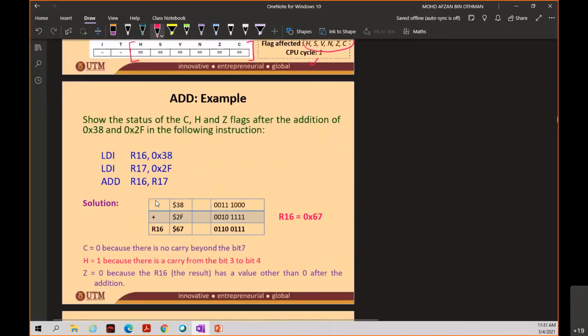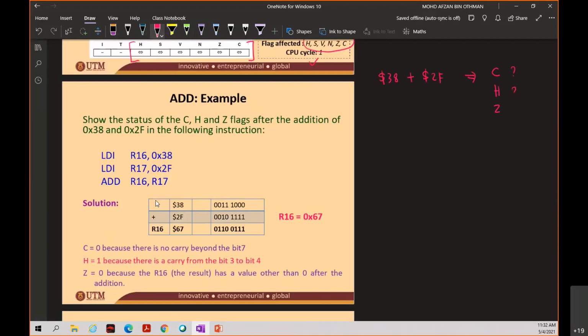You're going to show the status of the C, H, and Z flags after the addition of 38 and 2F. So you have two numbers here, 38 and 2F, and you're going to find out what the C, H, and Z flags are.